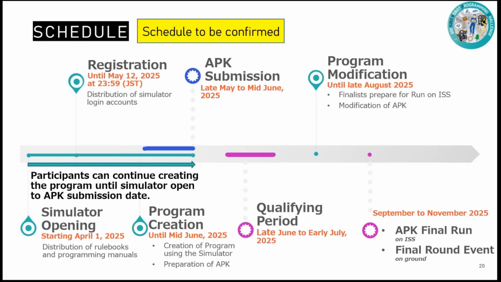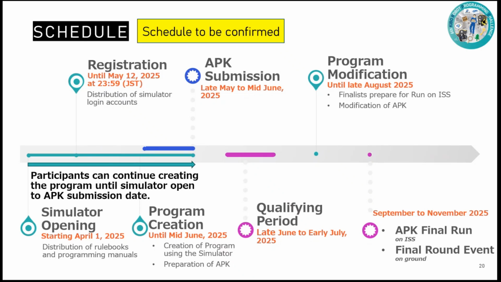Now about the preliminary round. The preliminary round will take place in the country you applied for participating in. You have to submit your preliminary round program via the simulator site by mid-June. The date is not decided yet.